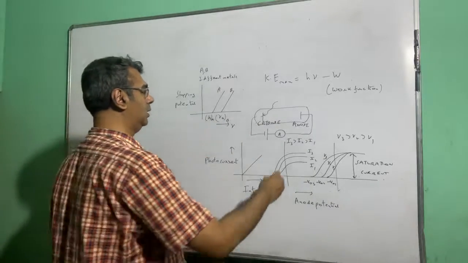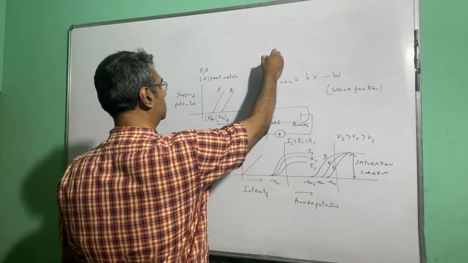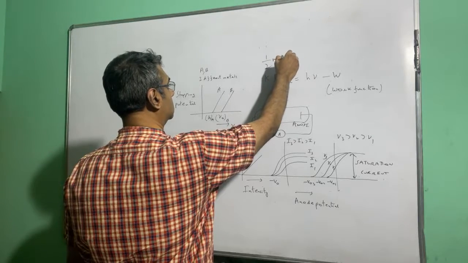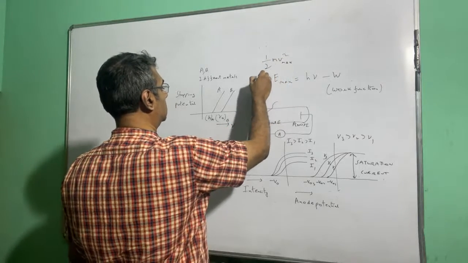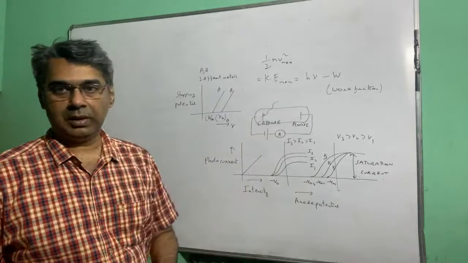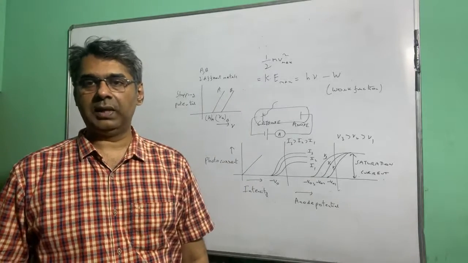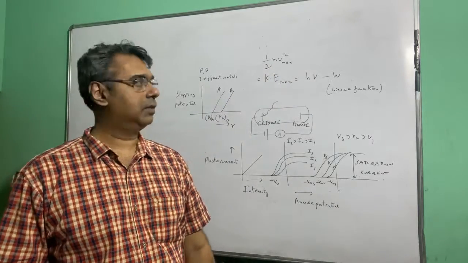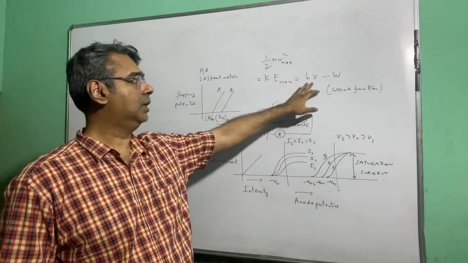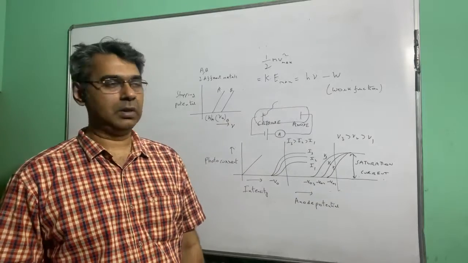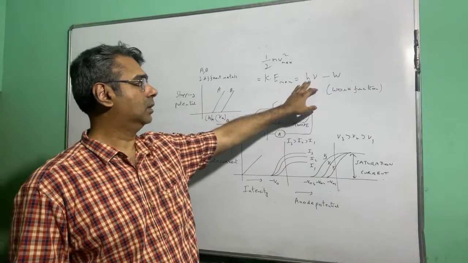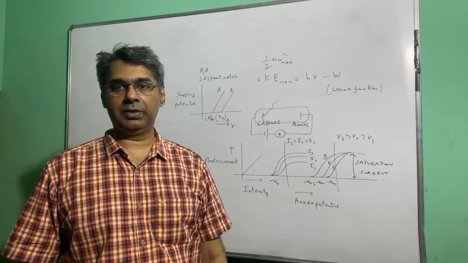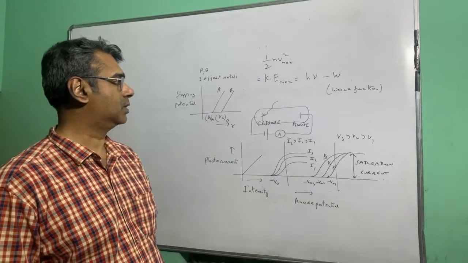If you want, you can also write half mv square max. So half mv square max is the kinetic energy of the electron. With this kinetic energy, the electron is going towards the anode, and the photon energy minus the work function is equal to half mv square max.